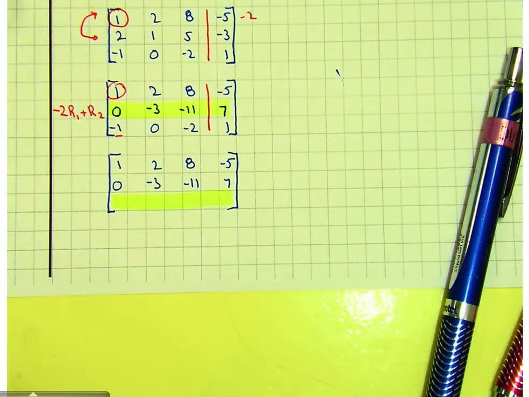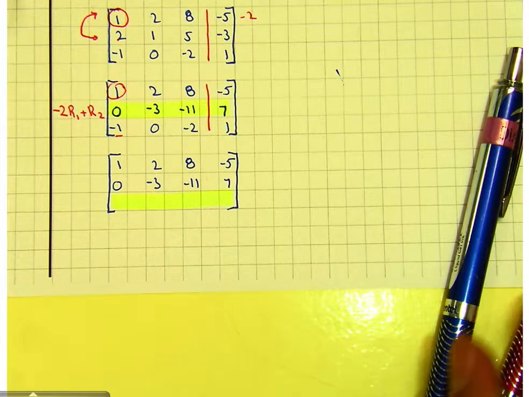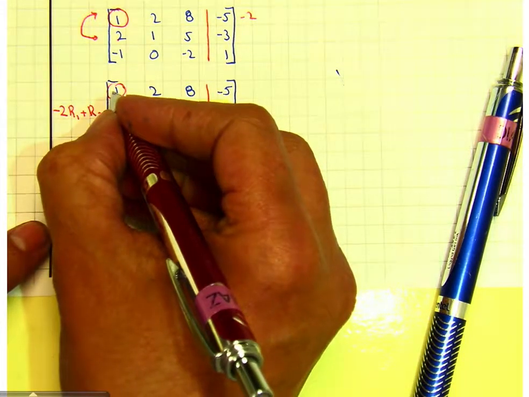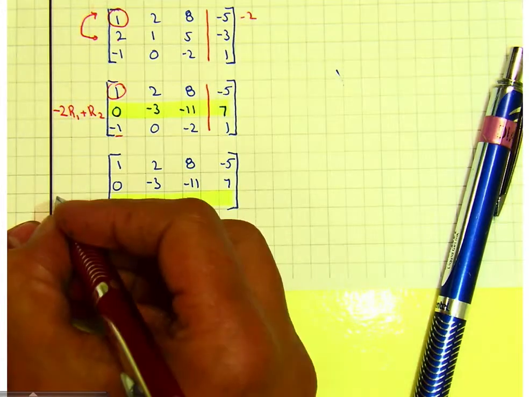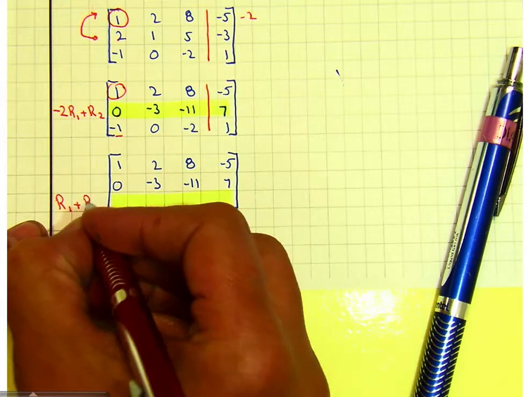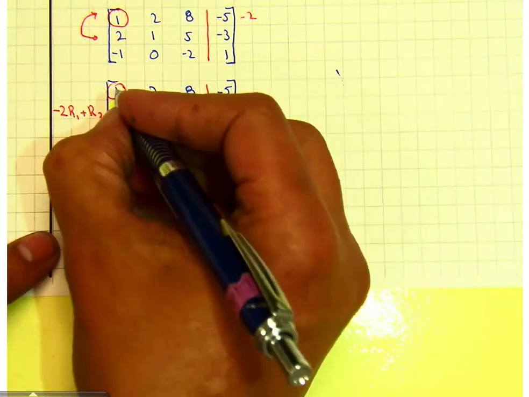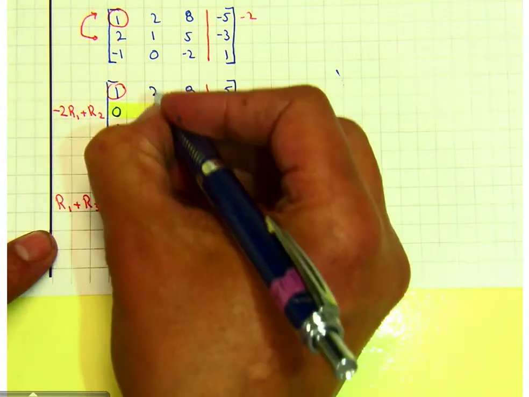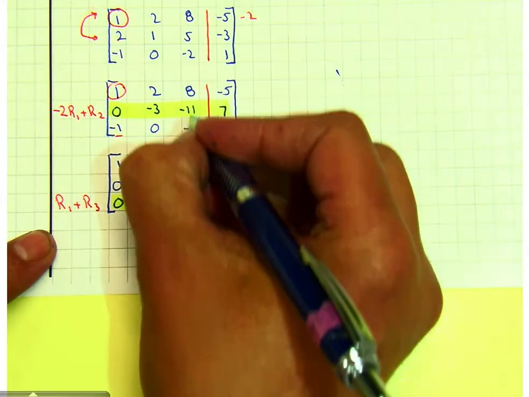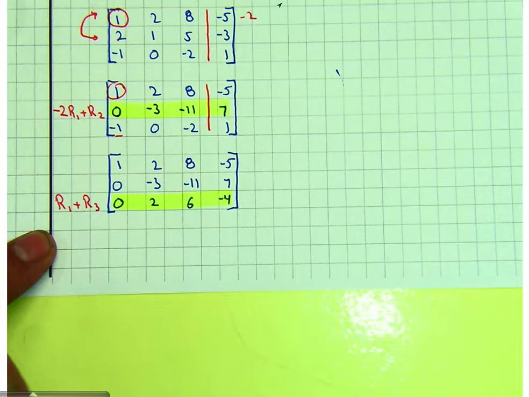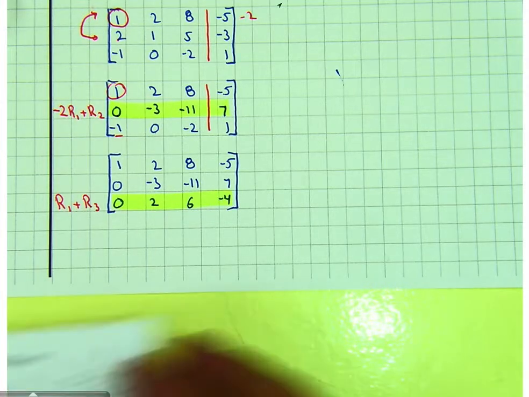So how can I achieve that? That means I'm going to add row 1 to row 3. So 1 minus 1 is 0, 2, 6, negative 4. So I finished with step number 2.